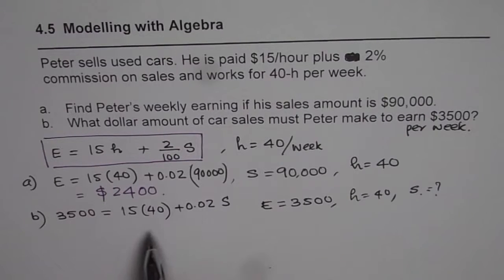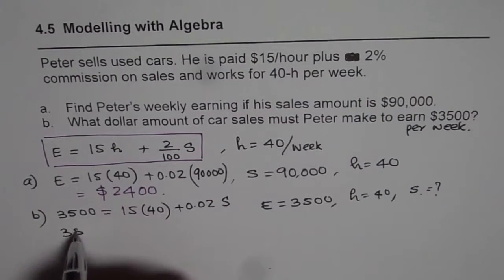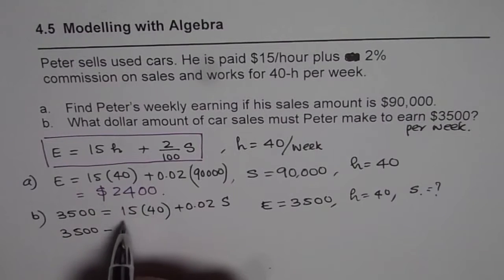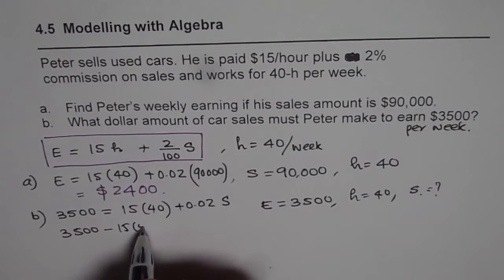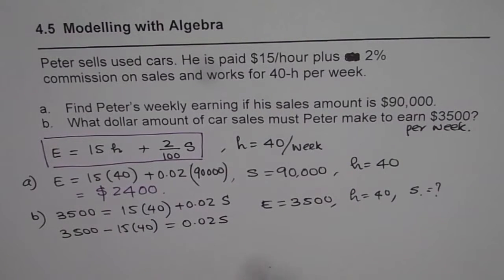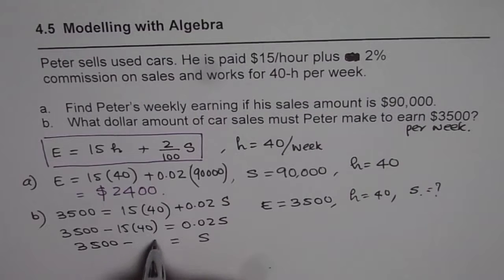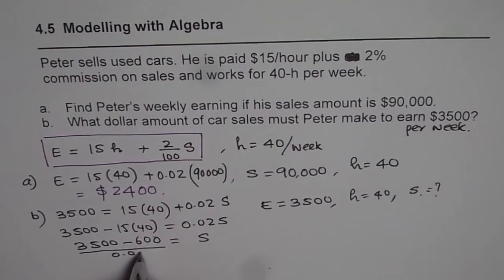So once you rearrange, you can find what sales is, right? So we have 3,500 minus 15 times 40, which, let me write 15 times 40, equals to 0.02 of sales. And now we can write sales equals to 3,500 minus, when you multiply this, 600 over 0.02.